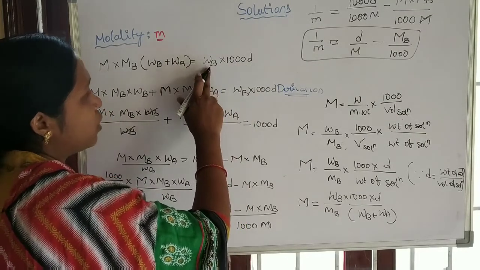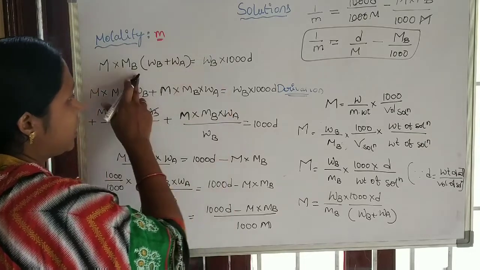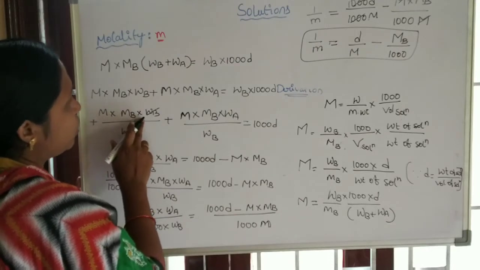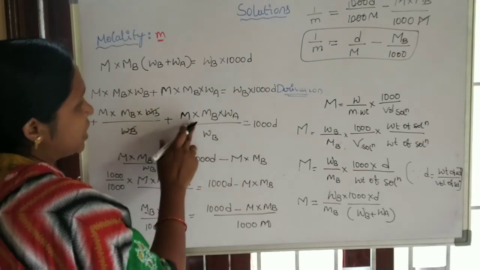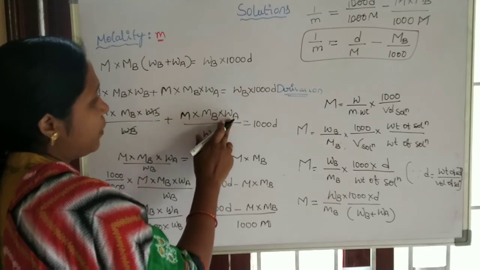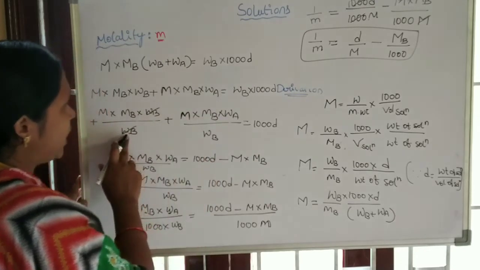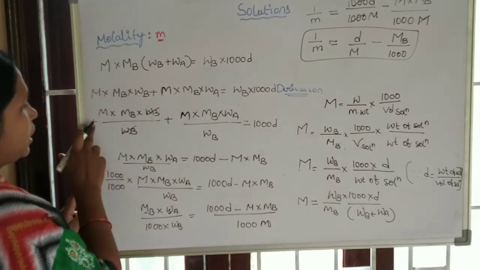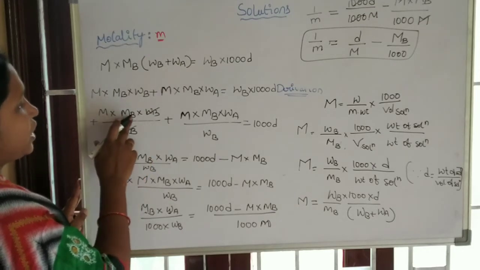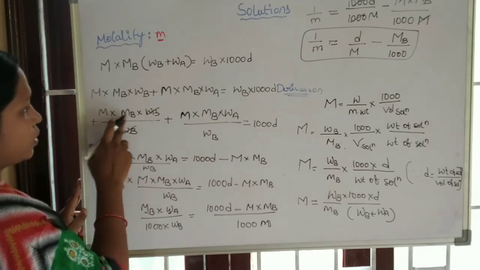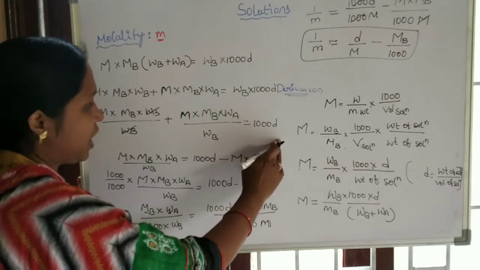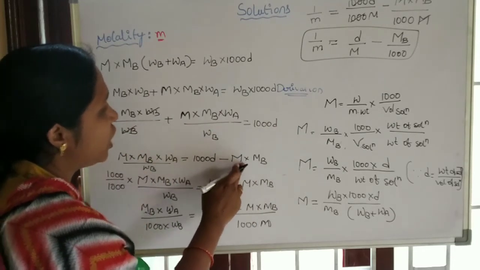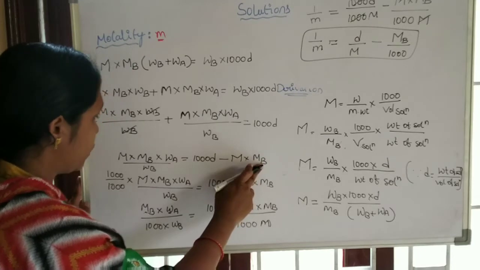And weight of solute is multiplied on this side, coming here it will be divided. So M into MB into WB by WB plus M into MB into WA by WB. Here the weight of solute and weight of solute will be cancelled, and here the plus molarity into molecular weight of solute, coming to the right side, it turns into minus. So 1000D minus molarity into molecular weight of solute.